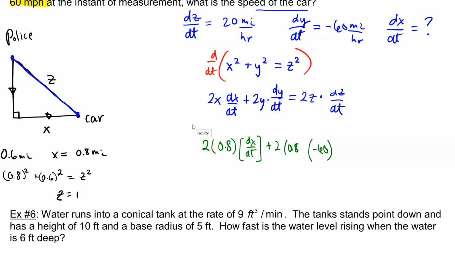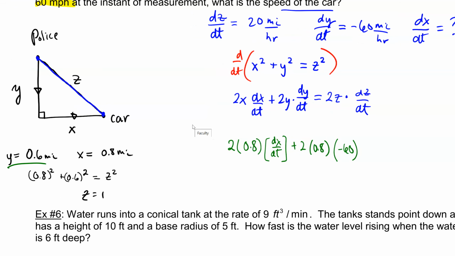Now I'm filling in everything because I know x, y, z, dz/dt, dy/dt. Equals 2 times z, which is 1, times 20. Perfect. And we figured out what x is, so we can just plug it in. I just divide everything by 2 and it works.